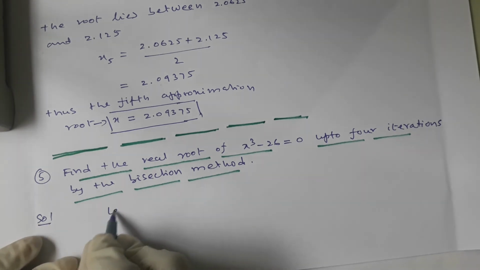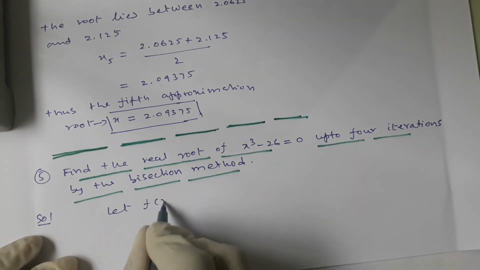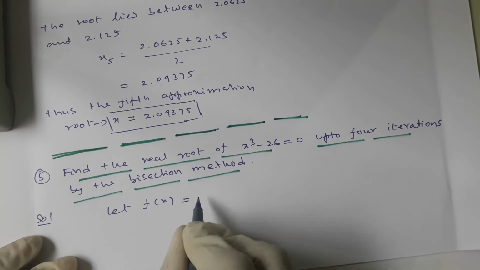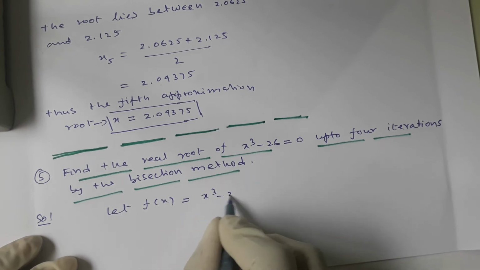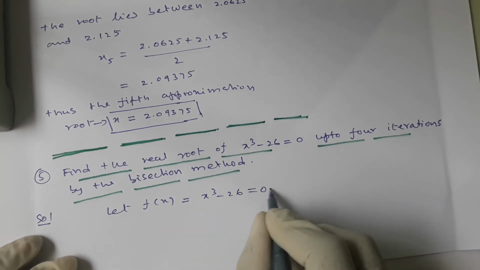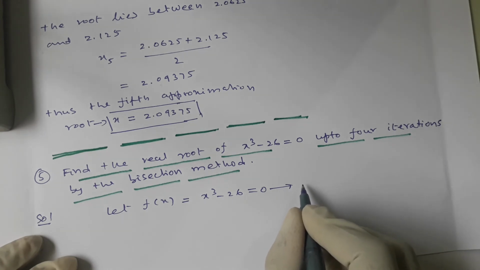The solution. Let f of x is equal to x cube minus 26. The procedure is the same as we applied in all the 4 problems.